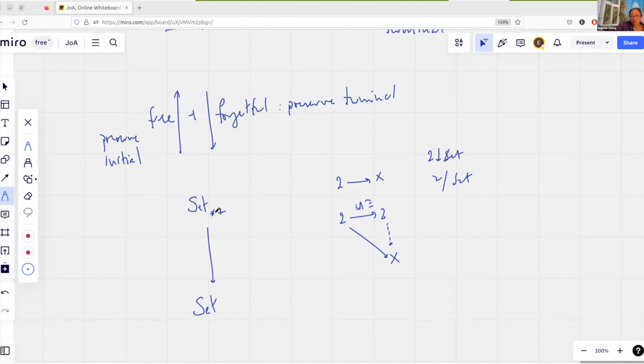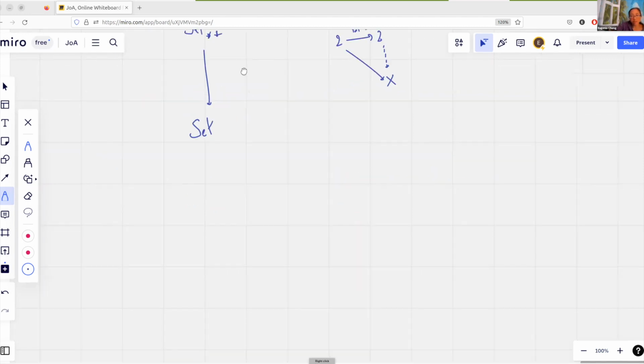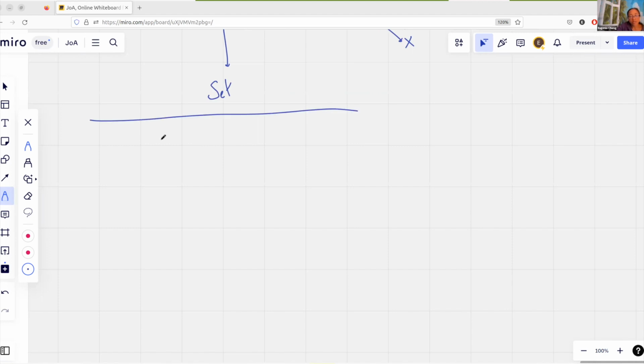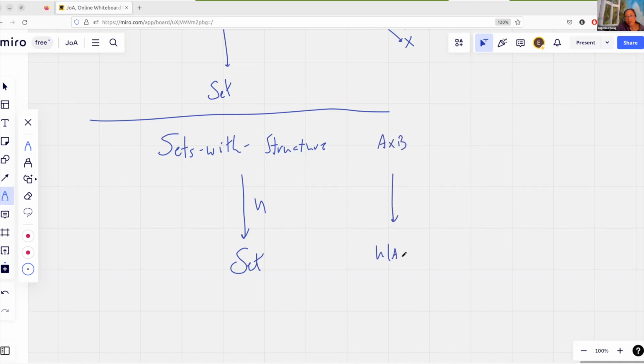So what that's saying is that if we have sets with structure, and we're forgetting just down to sets, then if we start with a product up here, and then we forget down to here, we're saying that the underlying set of the product was the product of the underlying sets. Now, really, we should draw the entire product diagram, but with its projections as well, but this will do for now. So that's saying that U preserves products.